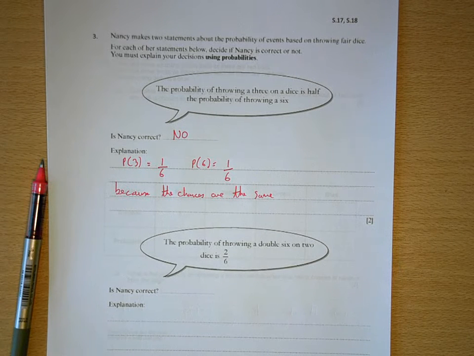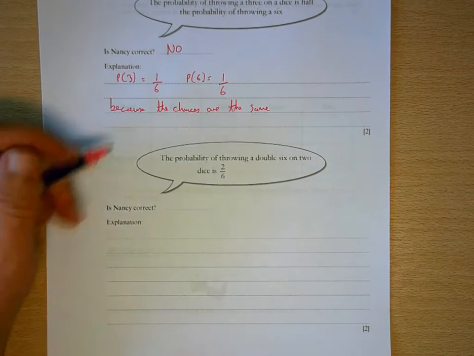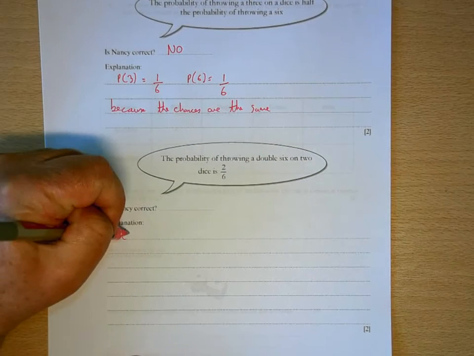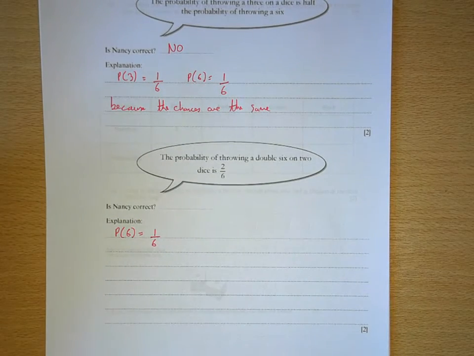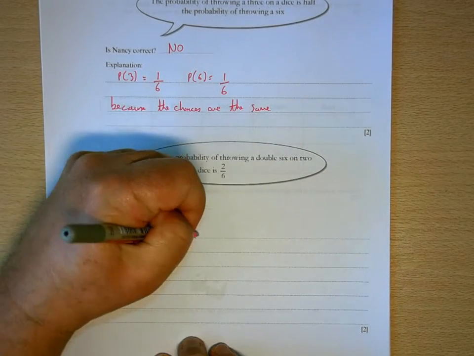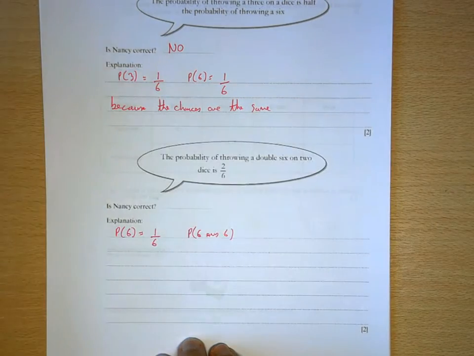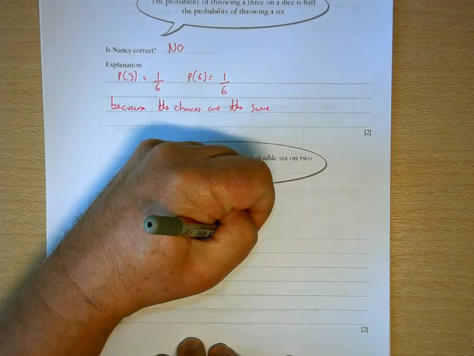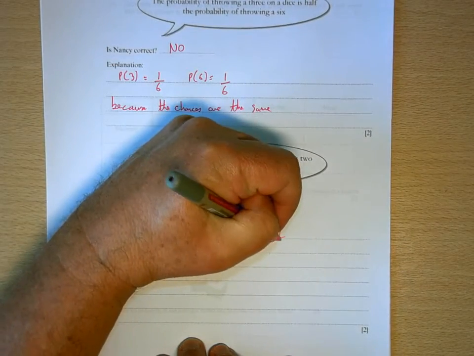The probability of throwing a double 6 on 2 dice is 2 out of 6. Well, we know that the probability of throwing a 6 on 1 dice is 1 out of 6. So the probability of throwing a 6 and then another 6 is 1 out of 6, and "and" in probability means multiply.